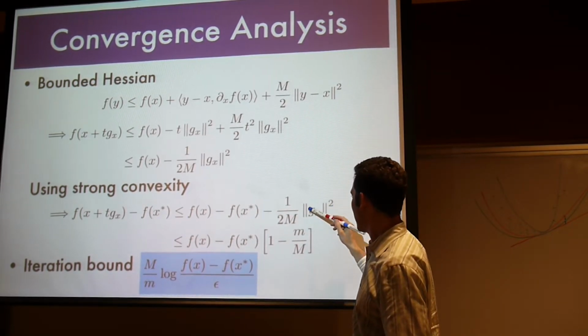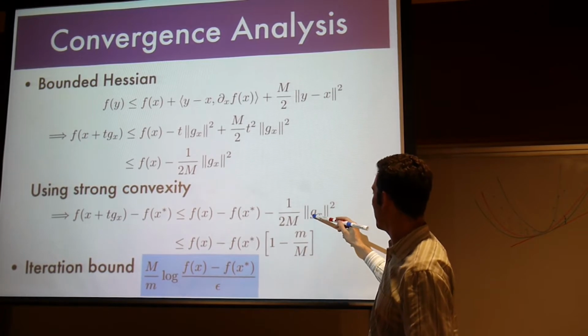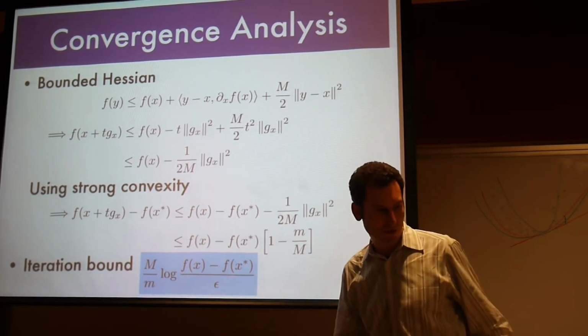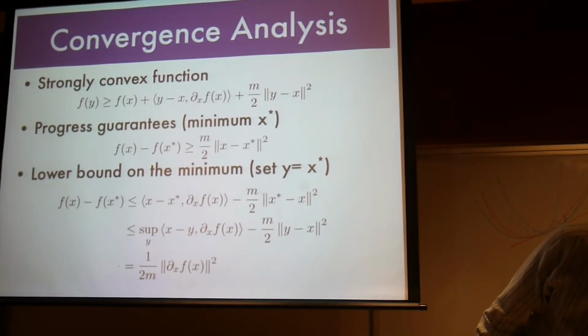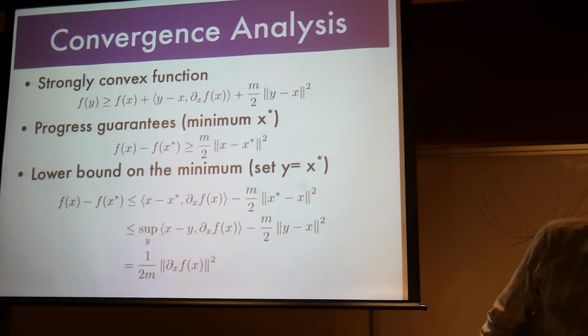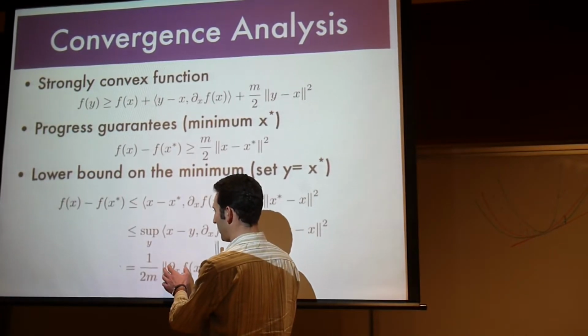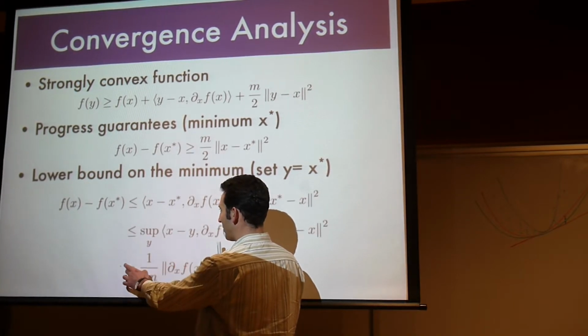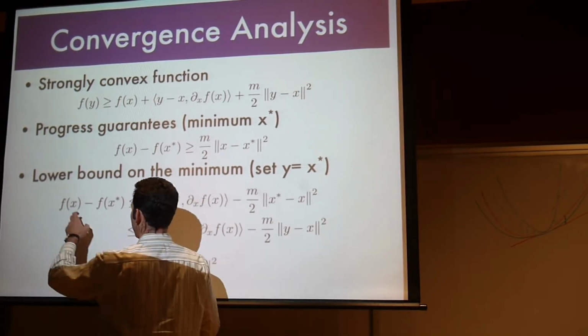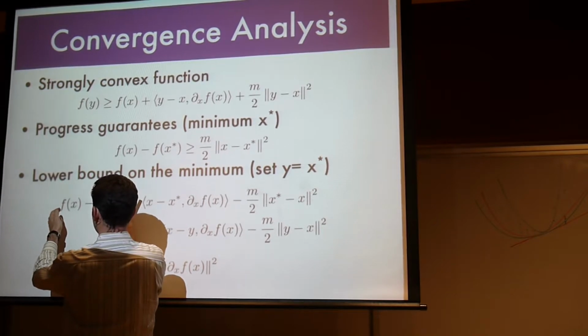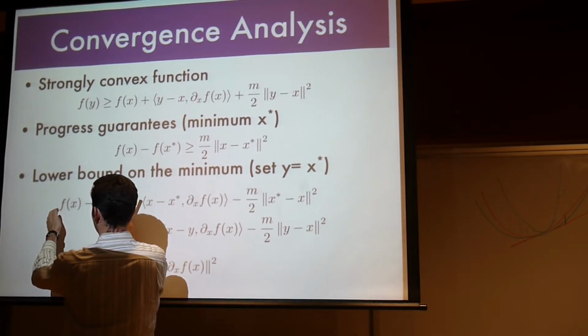Now I go and actually plug in the expansion for the norm of the gradient squared, which we had on the previous slide. We had that the norm of the gradient squared is greater or equal than 2m times the distance from optimality in function values.